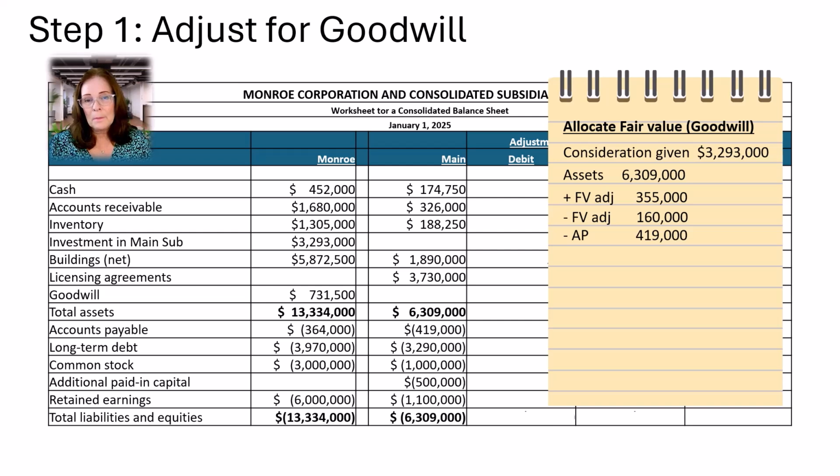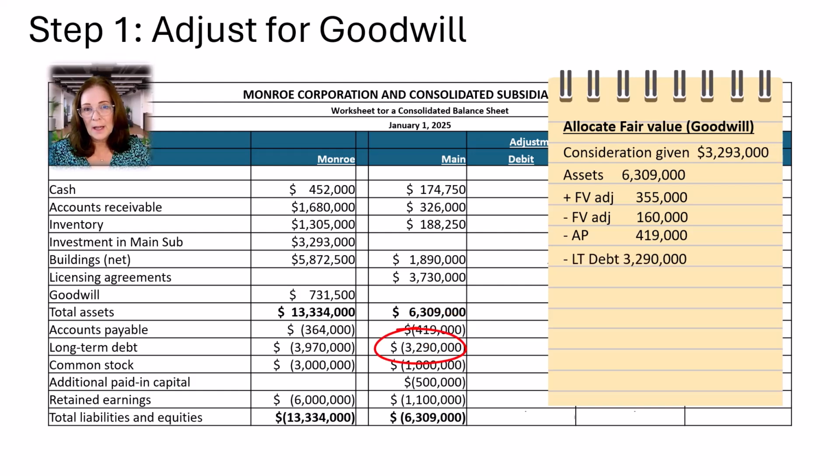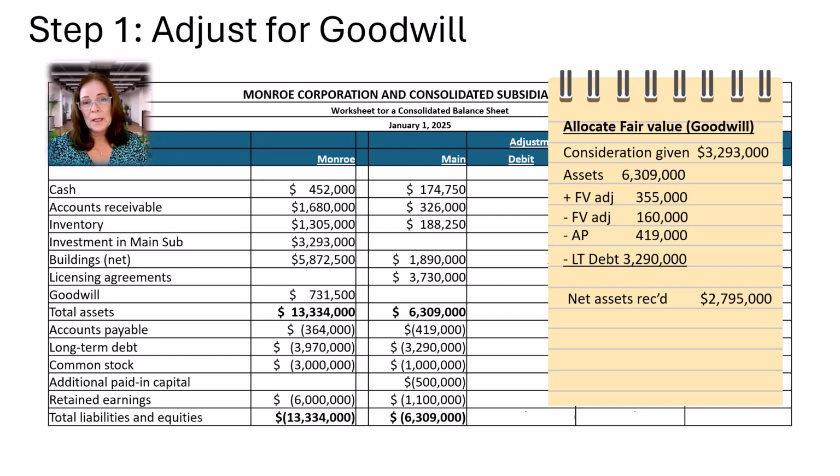We subtract the liabilities of $419,000 for accounts payable and the long-term debt of $3,290,000. For total net assets received of $2,795,000. So Monroe paid $3,293,000 and received net assets of $2,795,000. Sometimes there are unrecorded assets like research and development and process, but that's not the case here.